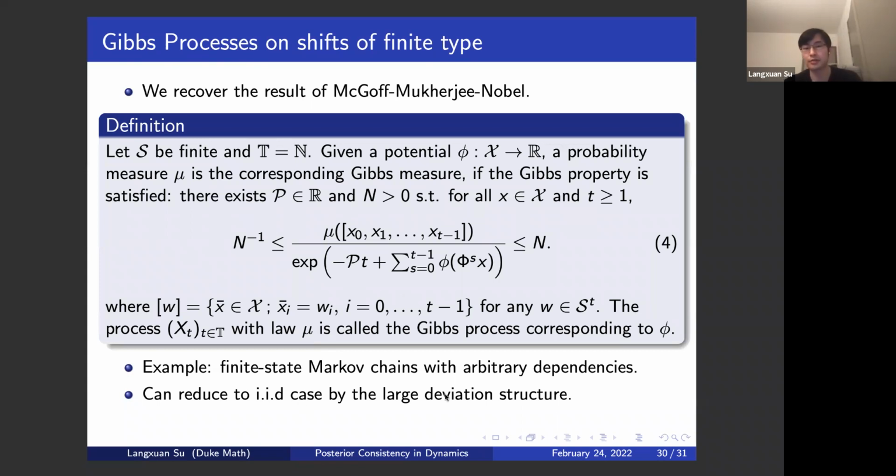This technique is actually very common in large deviation theory. It's called exponential tilting. One can reduce measures of this form, something multiplied by an exponential of the IID measure, and by using exponential tilting you can reduce this kind of measure to the IID case, which makes the proof very simple. It also supports the fact that our framework is very flexible.